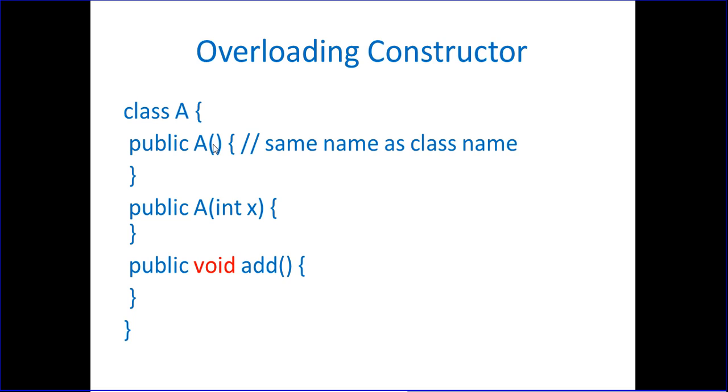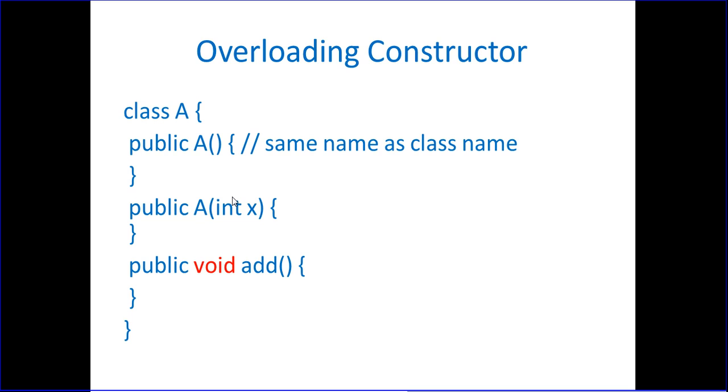Here it is a 0 parameterized constructor, which is the default one, and we have an overloaded one. This is the user defined constructor with one parameter. So this is called overloading: same name with a different number of parameters for a constructor.